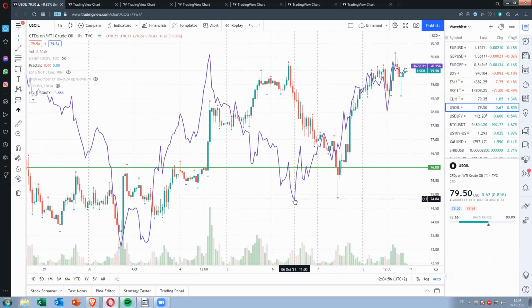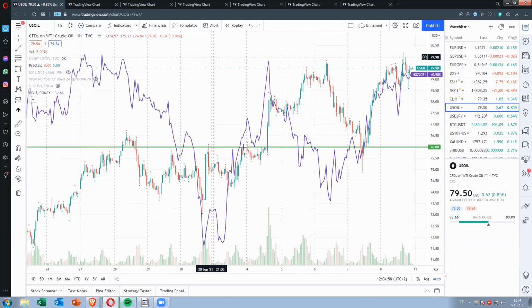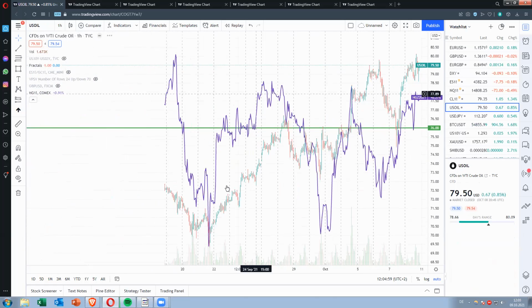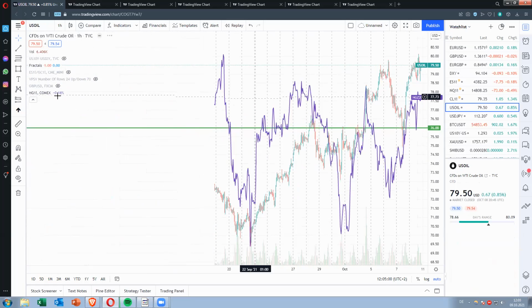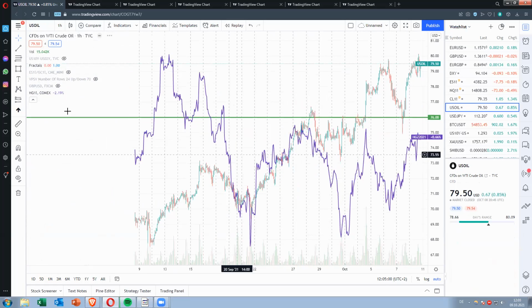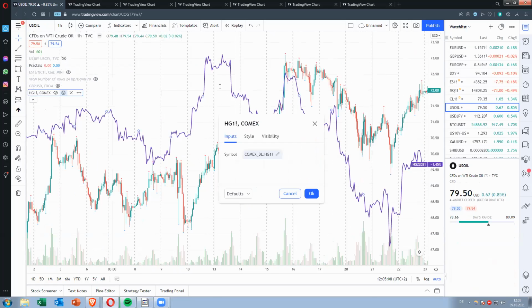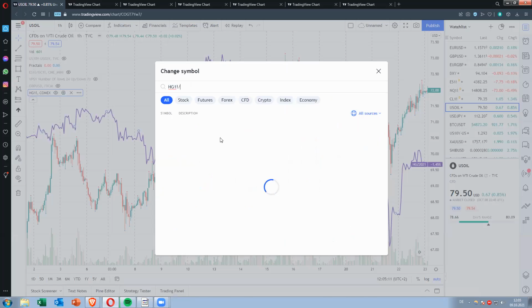The copper and oil markets are closely related. Why? Because they're both very much risk on. What you can do is also look at this risk line, which is copper against gold. And this is also a risk line.